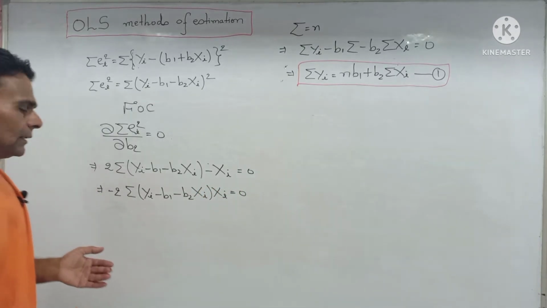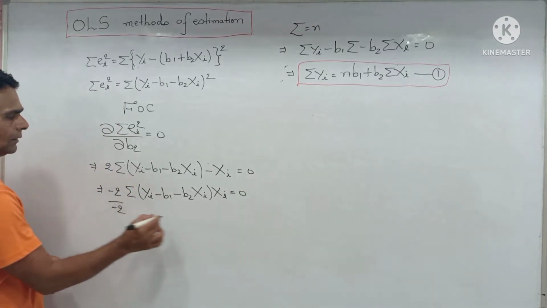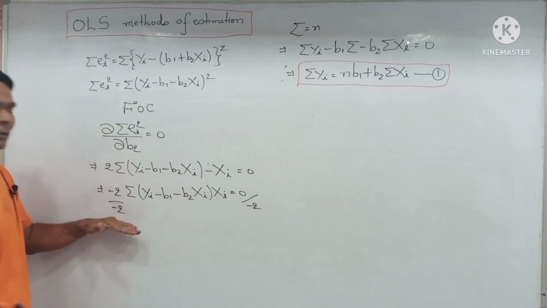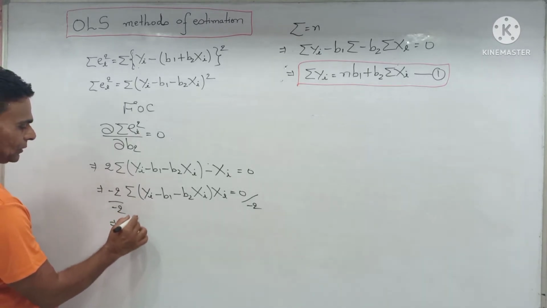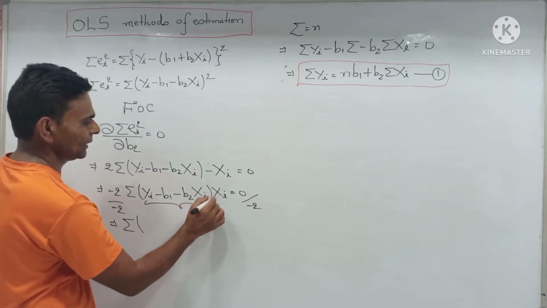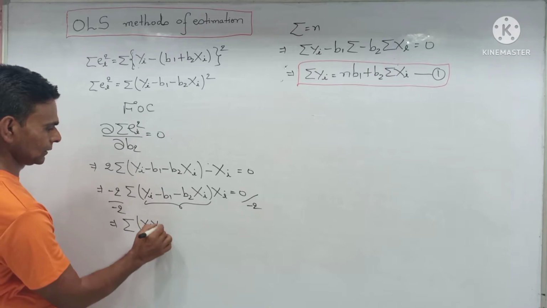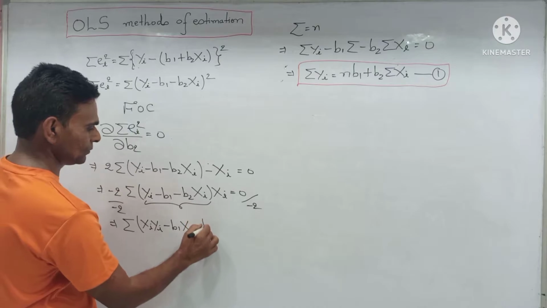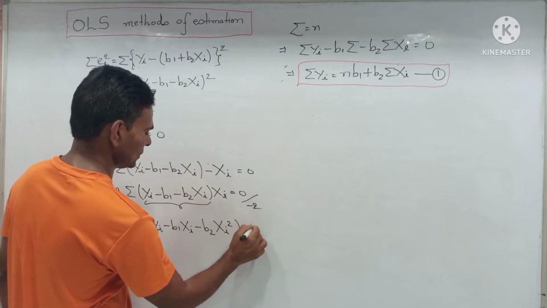If both sides are divided by minus 2, the term on the right becomes 0 and the other term becomes 1. Now, multiplying the entire term by xi, it becomes summation of xi yi minus b1 xi minus b2 xi square equal to 0.